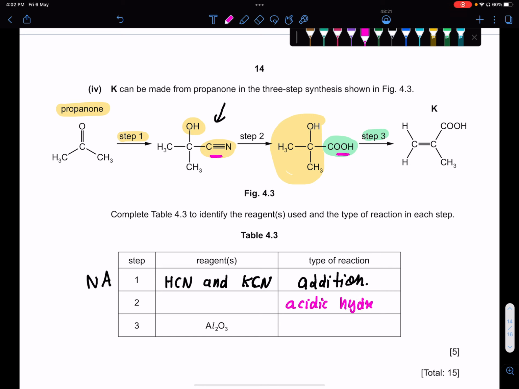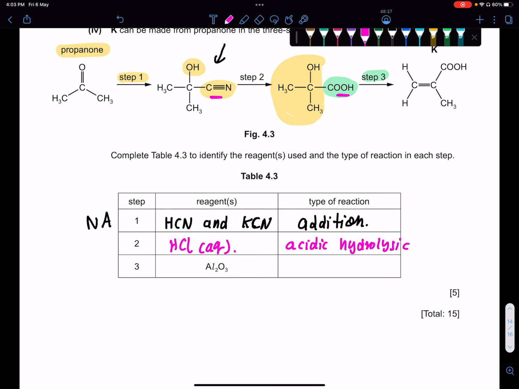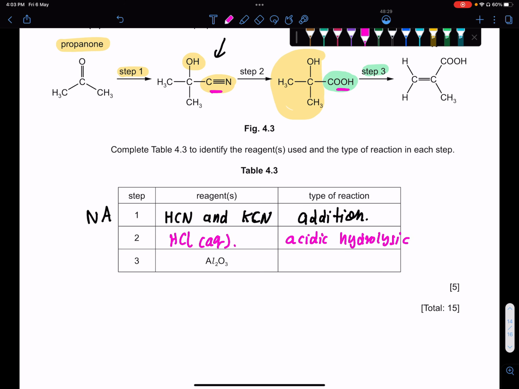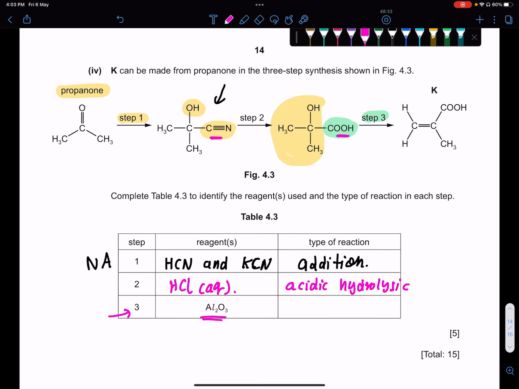You have two choices here. You can use H2SO4 aqueous or HCl aqueous. You have to write aqueous, it's important. Or you can write H+ aqueous, H2SO4 aqueous, all are fine. Step 3, Al2O3. For the alcohol, Al2O3 is a dehydrating agent, so the reaction is dehydration. Dehydration of alcohol produces alkenes, and K is an alkene.